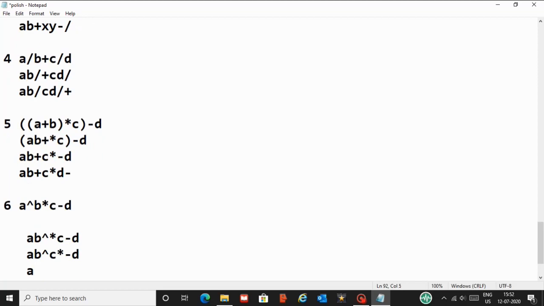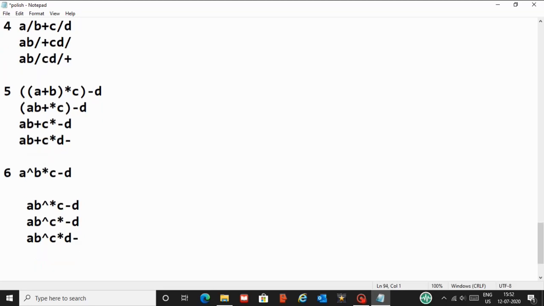So it will be A, B, cap, C star, D minus. So this is my resultant postfix expression for the infix expression.